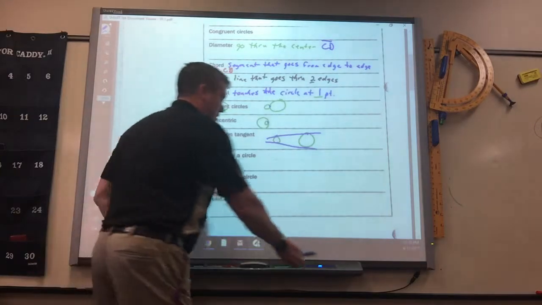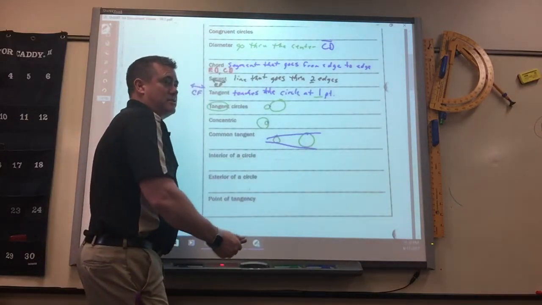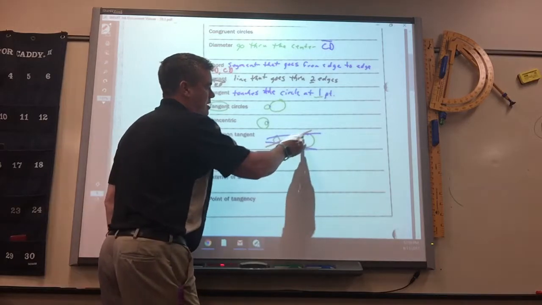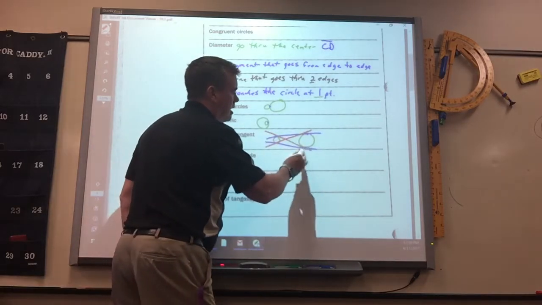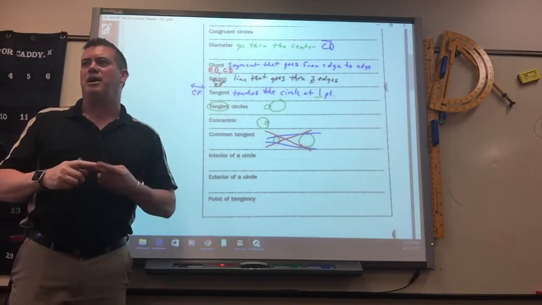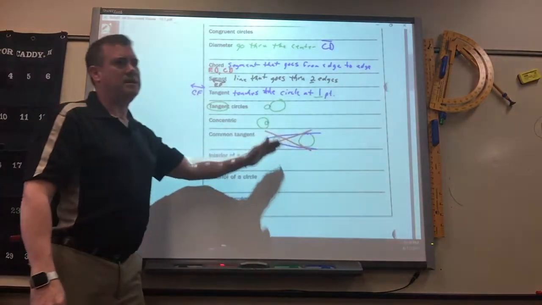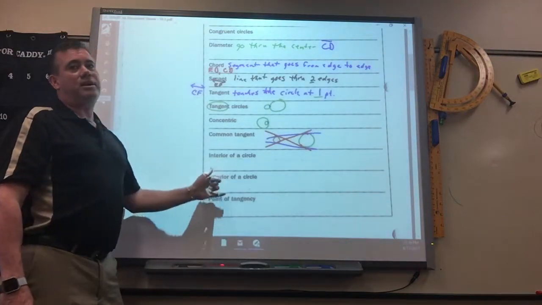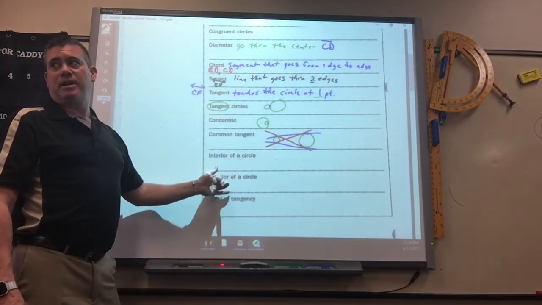Common internal tangents, you could probably figure out, would go like that. You touch there and there, and there and there. So there's two different types you can draw: internal tangents and external common tangents. Interior, exterior, I hope everyone knows that, right?